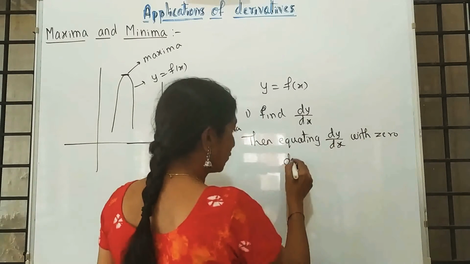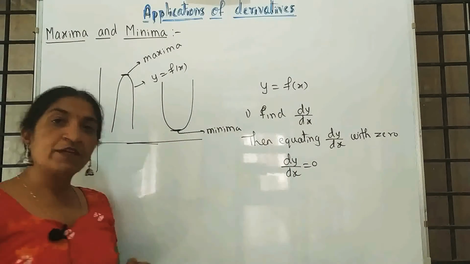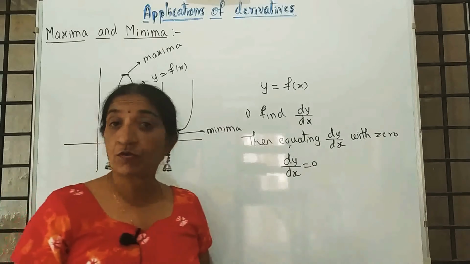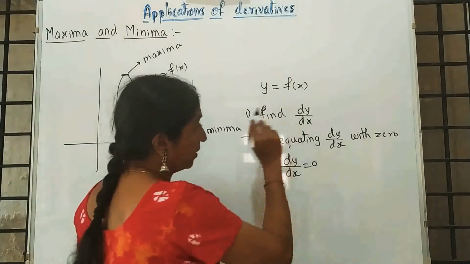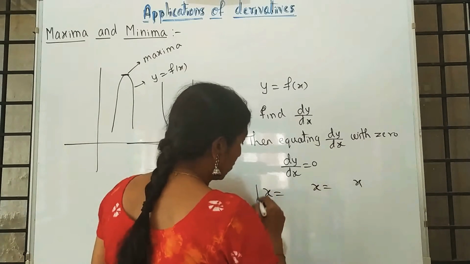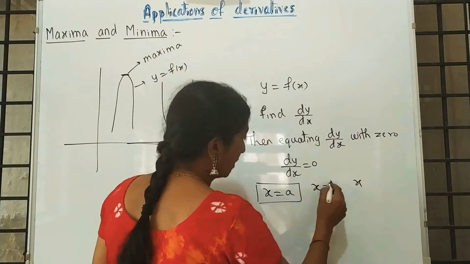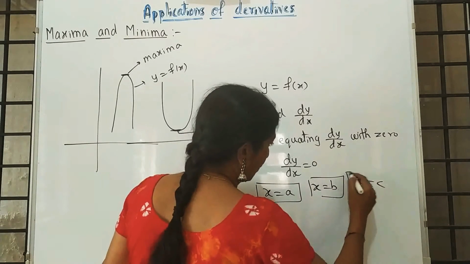That means you write dy upon dx is equal to 0. After solving it, you will get certain points, maybe 1 point, 2 points, 3 points, depending on the equation. Those points are called critical values, for example a, b, c, or stationary points.